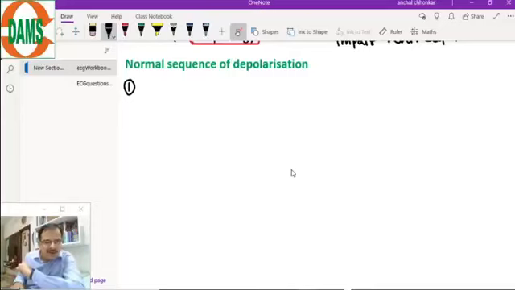Now I will take a coronal section of the heart, of the ventricle muscles, and understand this physiology. So here is the heart. You can draw this diagram.